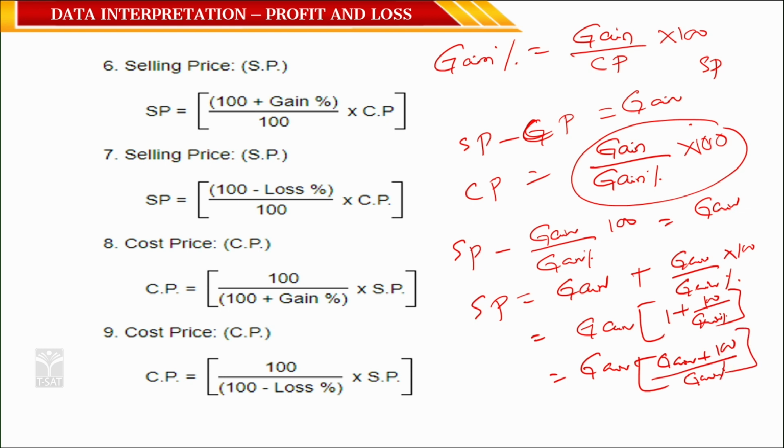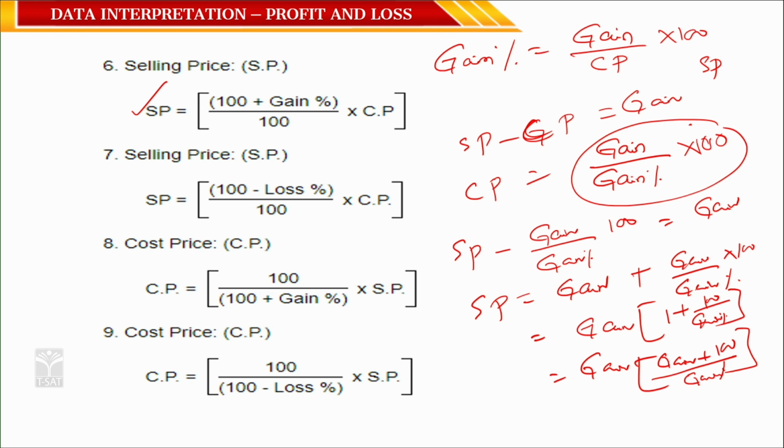So, now you can call the formula: 100 plus gain percentage by 100 into cost price is equal to selling price. This kind of calculation is required to convert when you know the cost price and the gain percentage.